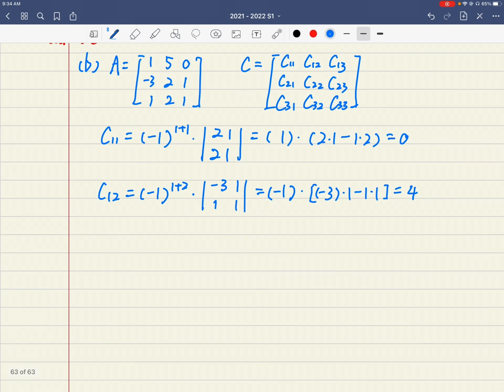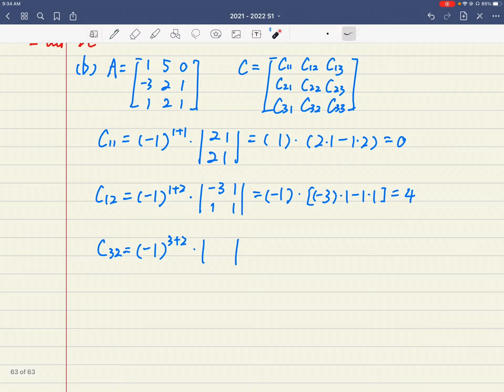Okay, so we won't do all 9 here. Let's just do another random one. So let's say C32. C32 is -1 to the power of 3 plus 2 times the determinant. So now it's 3, 2, so you delete the third row, you delete the second column. So it's 1, 0, -3, 1.